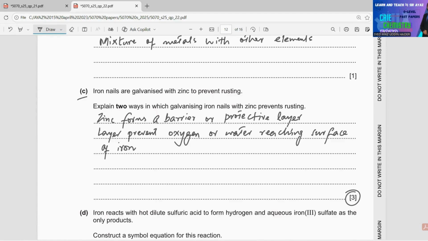Last statement, you can either write zinc is more reactive than iron, or zinc corrodes or oxidizes in preference to iron.